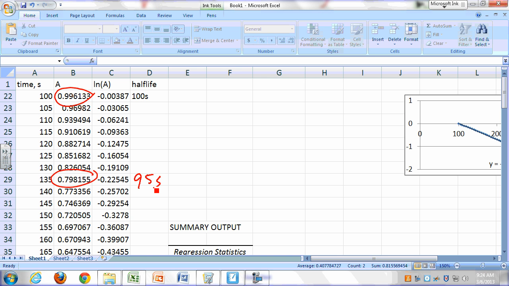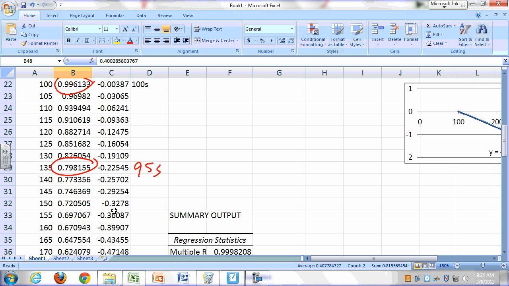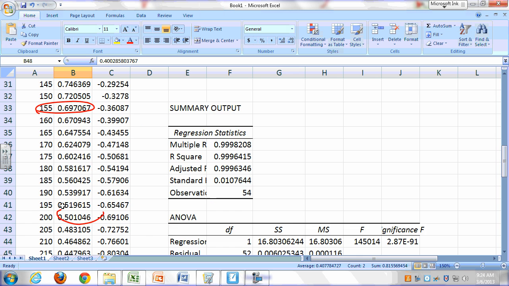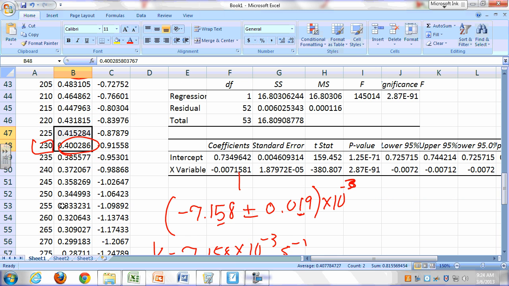So you can see your half-life is constant. It doesn't matter where you start. Let's start from 0.7. What's our half-life if we start from 0.7? Okay. 0.7 is at 155 seconds. How long does it take for it to get to 0.35? Half of 0.7 is 0.35. Where is 0.35? Around here, okay?